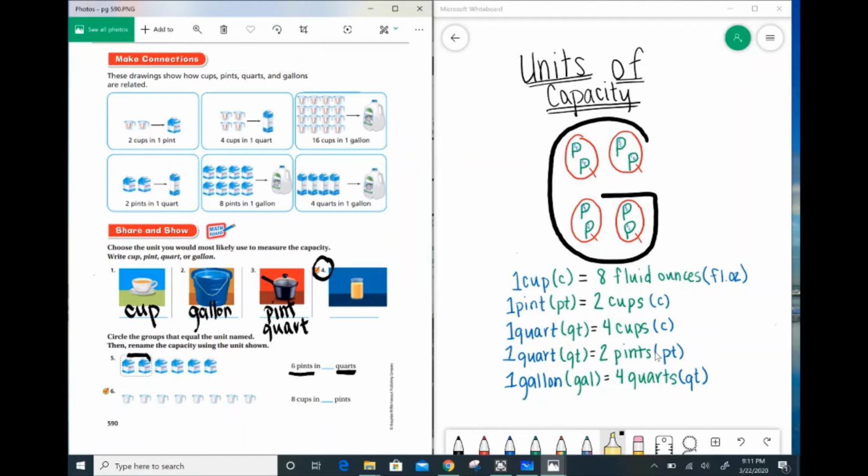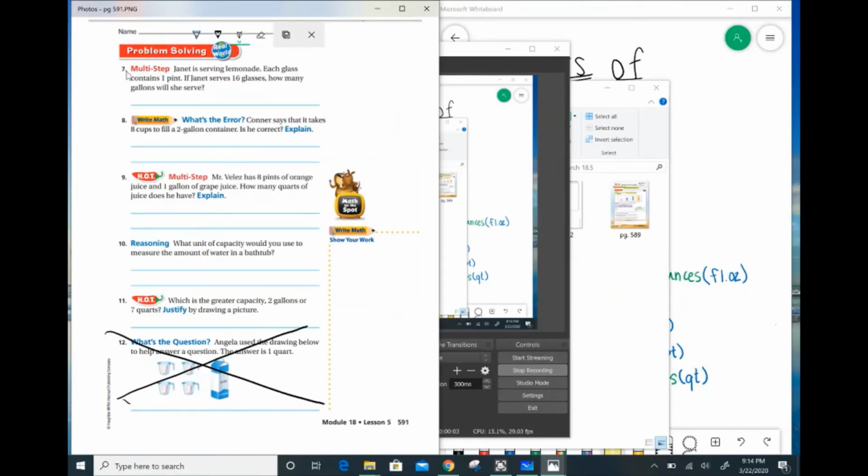So I know right here I have 1. Right here I have another one. And right here I have another one. So in total I have 1, 2, 3. So 6 pints equals 3 quarts. You guys are going to go ahead and complete number 6 by yourselves. I'm going to start doing number 7 and you guys are going to do the rest by yourselves.